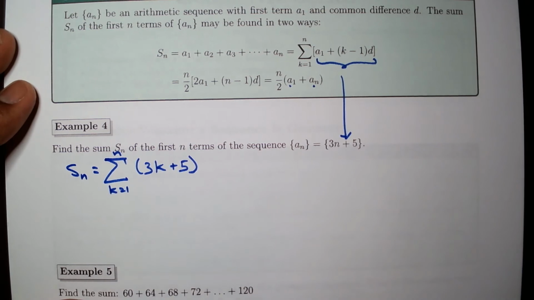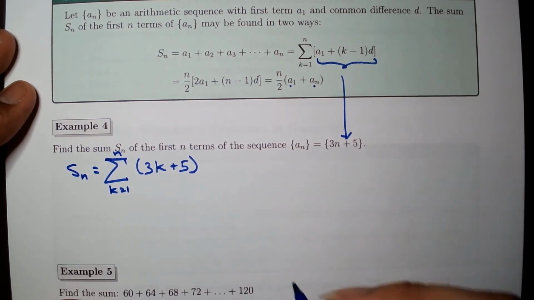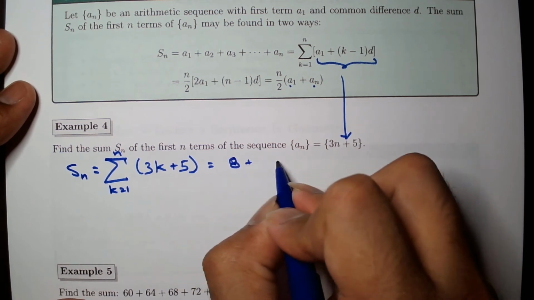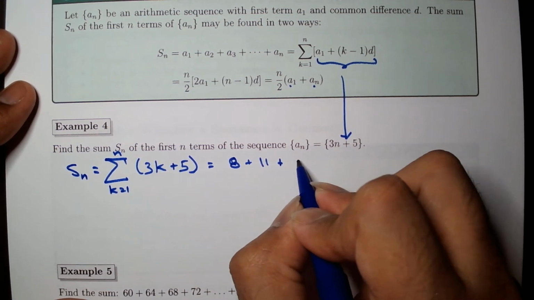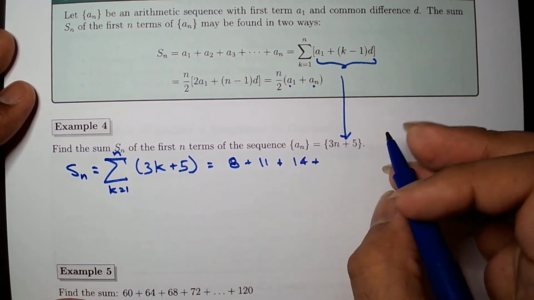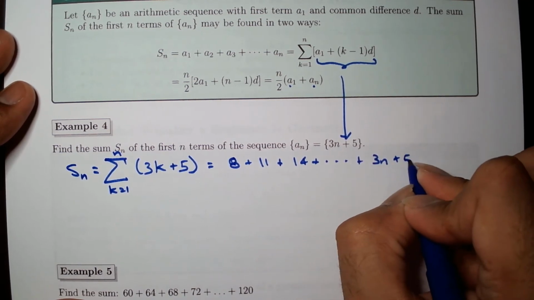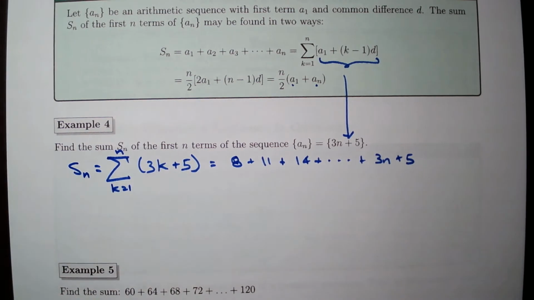So what we're essentially doing is 8 plus 11 plus 14 plus dot dot dot plus 3n plus 5. That's what we are doing in this case.